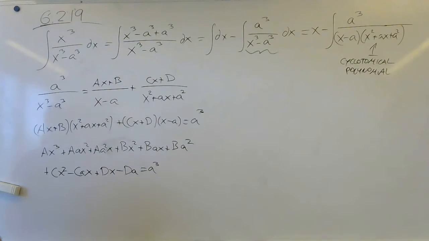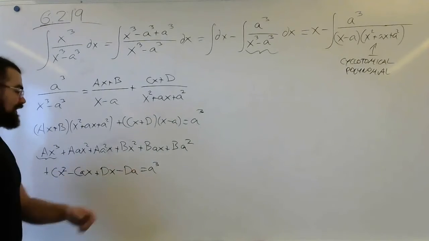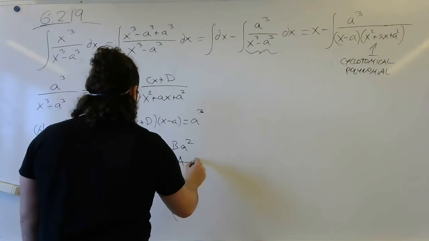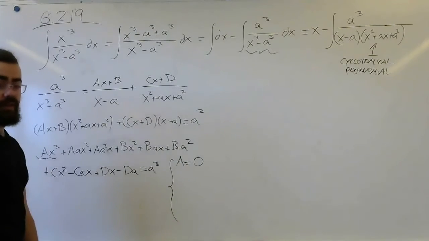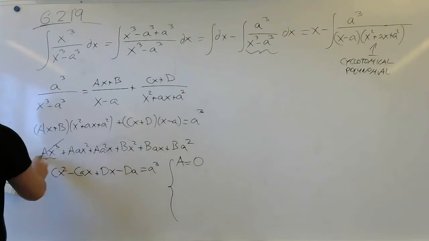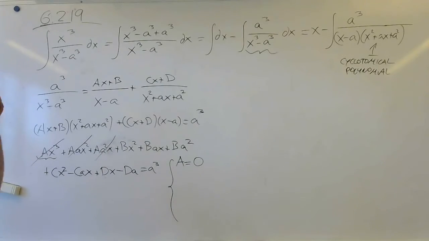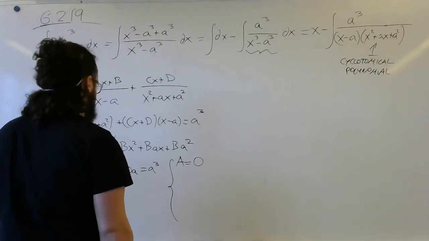So this is a polynomial equation. The first thing that we notice is a equals 0. So we were right, we didn't need the a. So this thing cancels, and this thing cancels as well. And you only have to follow the rest.